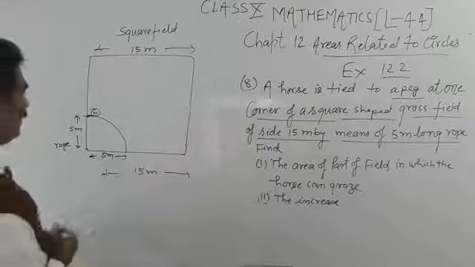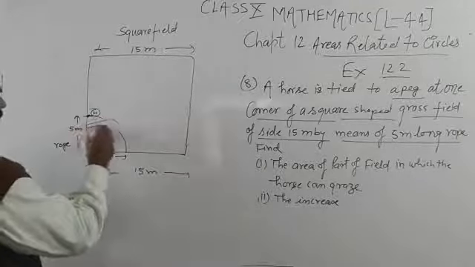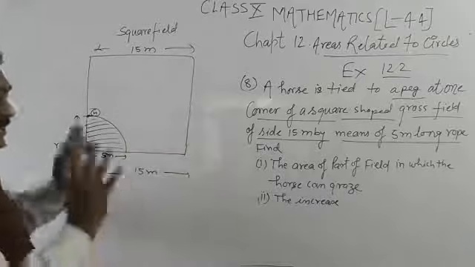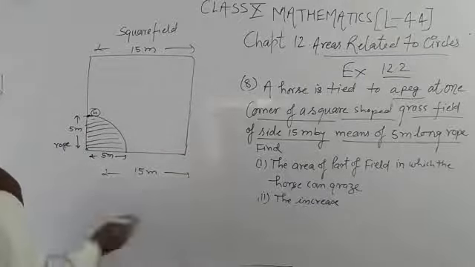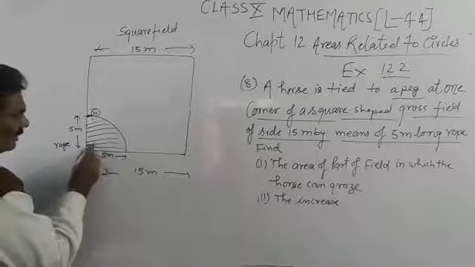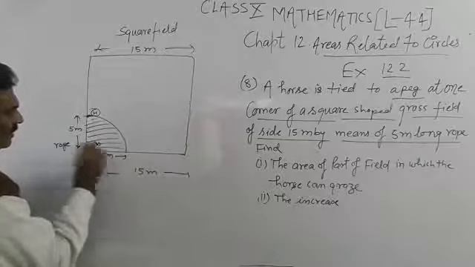So for this diagram, we can have a sector. How? This is a square and each angle is of 90 degree and this belongs to radius.